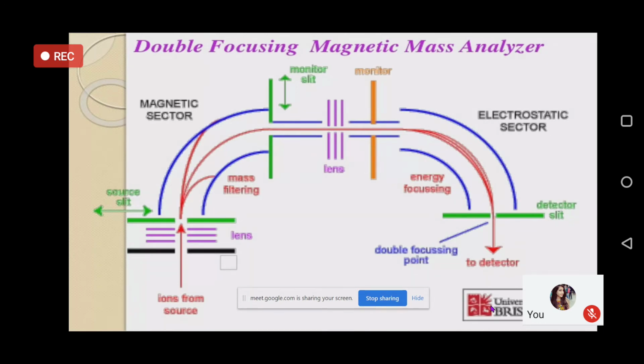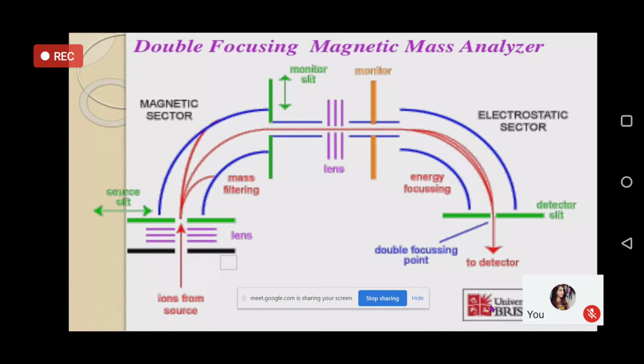Other ions having velocities higher and lower will not be able to take that path. They will either get deflected to the right or they will get deflected to the left.